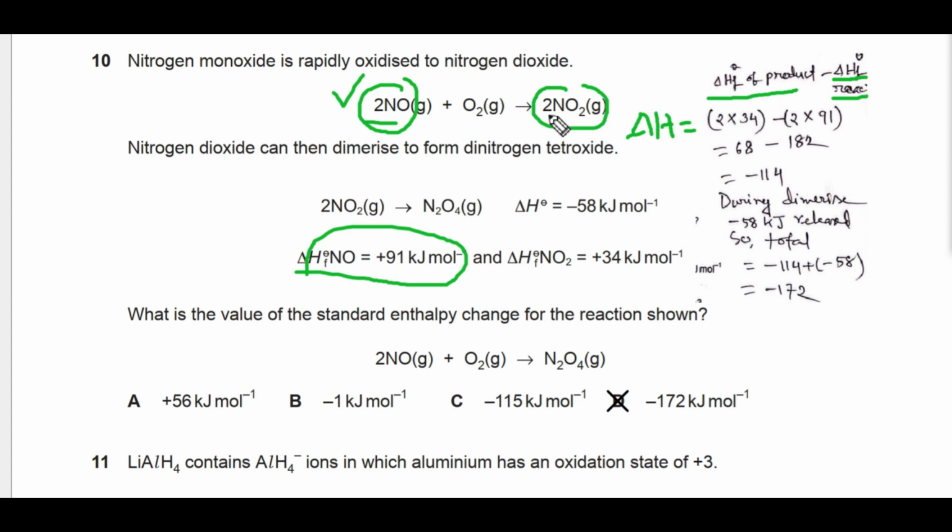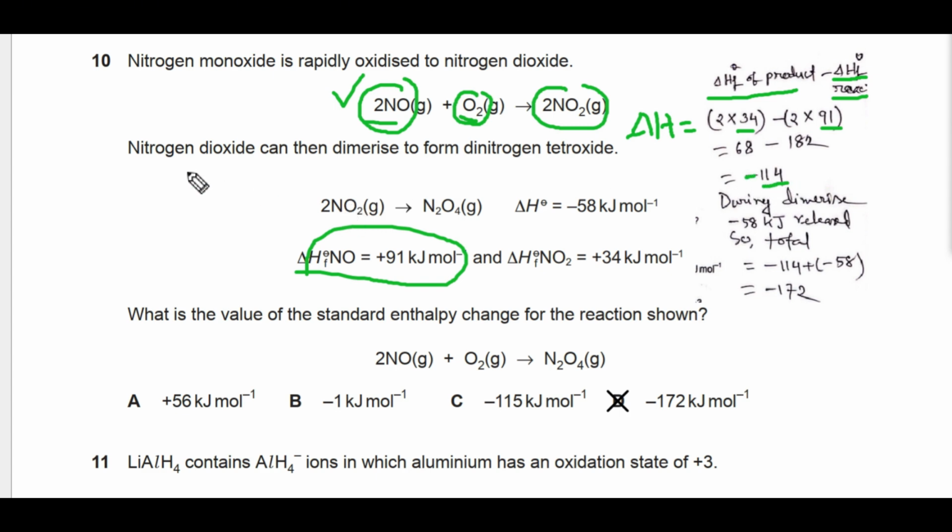So here 2 mole, 2 times 34, minus 2 mole NO, 2 times 91, and oxygen is 0. You know, the enthalpy of formation of any element is defined as 0. Oxygen is an element here, so it is 0. If you calculate, you get minus 114.